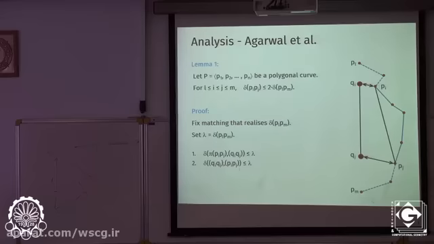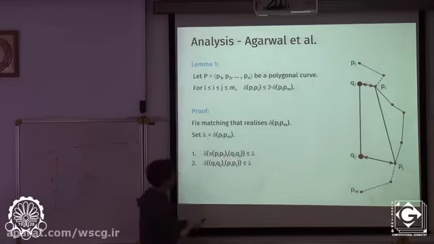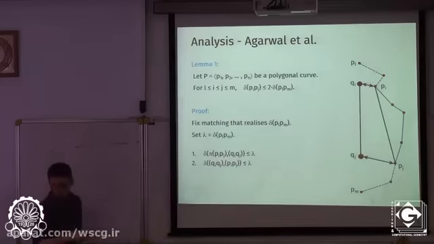Now obviously we're looking at Fréchet distance, so the Fréchet distance will at least align the first two points and at least align the last two points. And if everything in between is a line segment, which we have here, then the Fréchet distance will actually be determined by the larger of those two distances. And therefore I know that the distance between these two line segments is at most lambda.